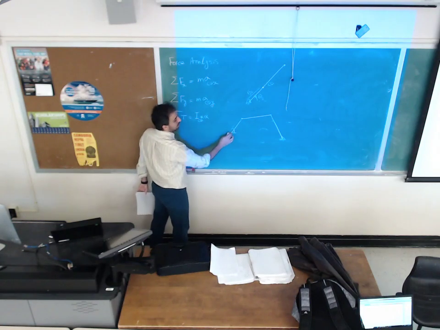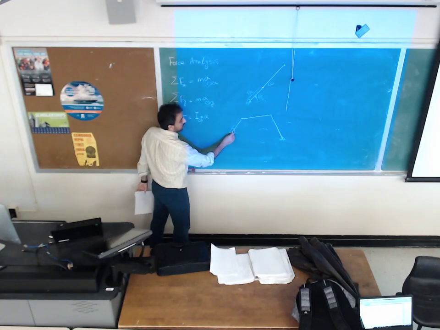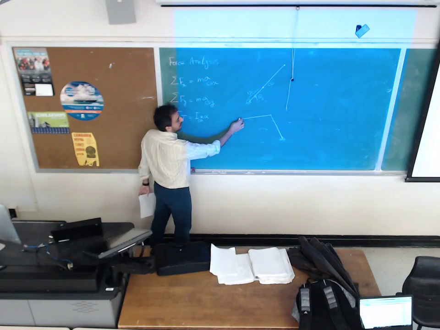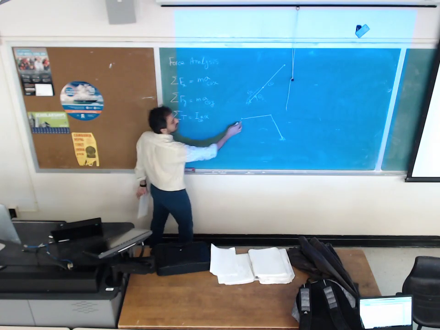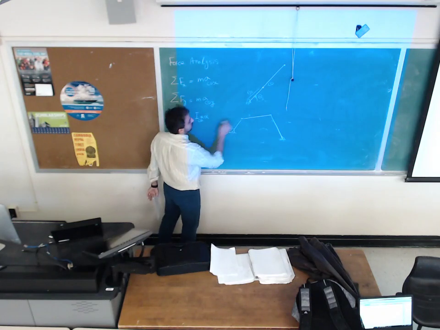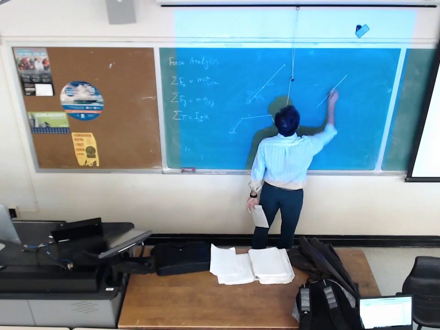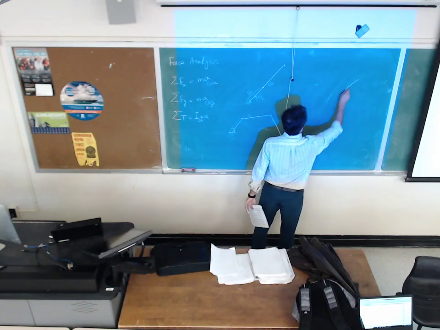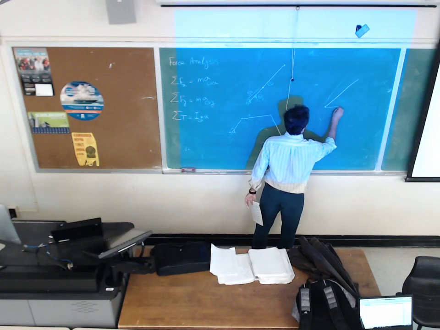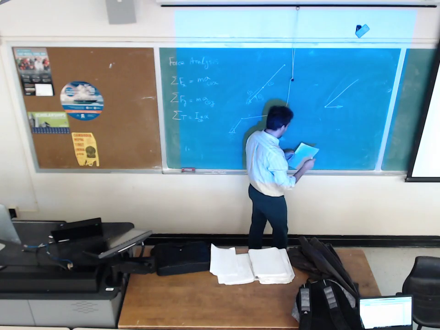The ground is going to apply a force to link 2 through this point, and link 3 is going to apply a force to link 2 through this point.